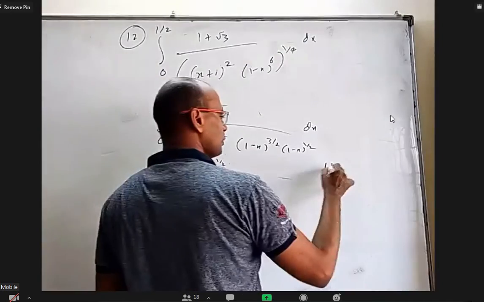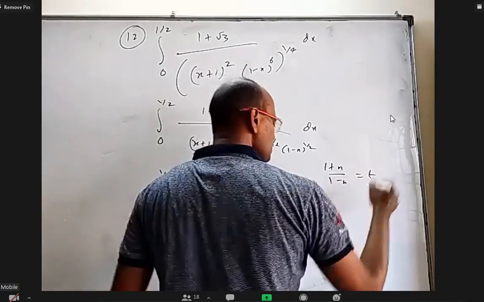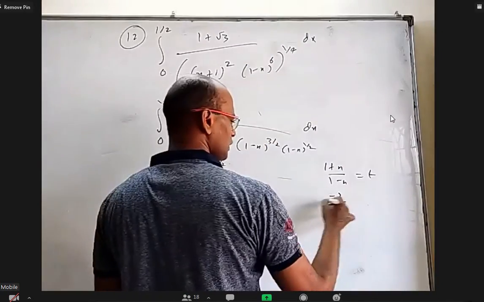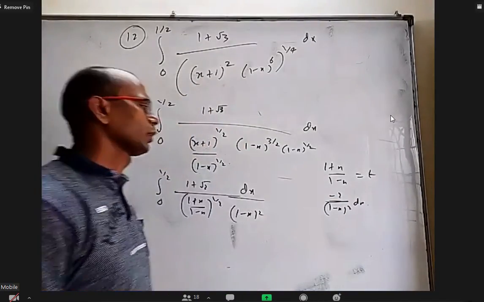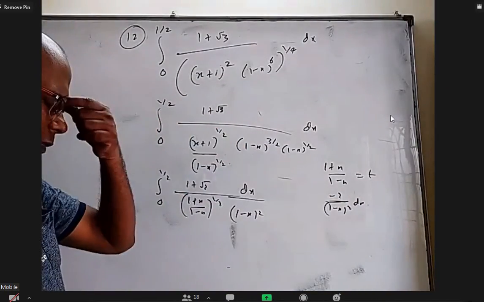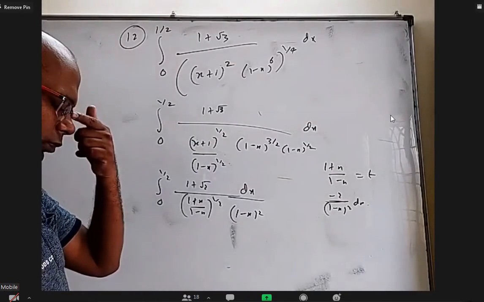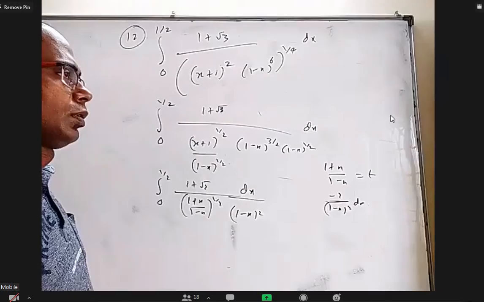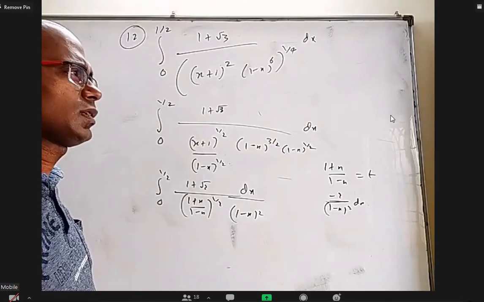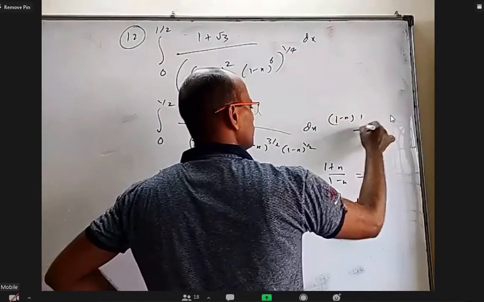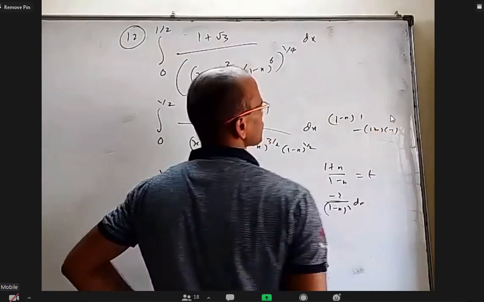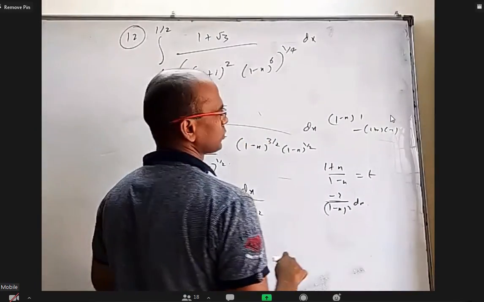If I take 1 plus x by 1 minus x as t, the derivative is minus 2 by 1 minus x whole square. So I'll get 1 minus x into 1, minus 1 plus x into 1, 1 minus x minus 1 minus x into 1 into minus 1, 2 plus 2.